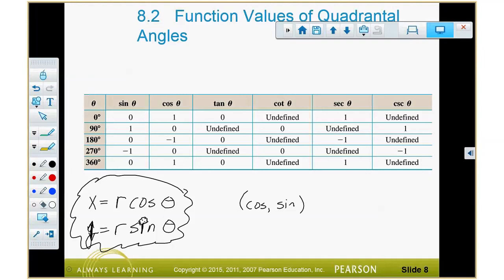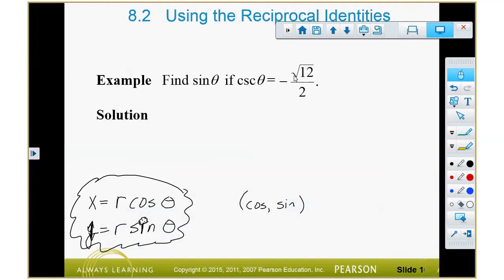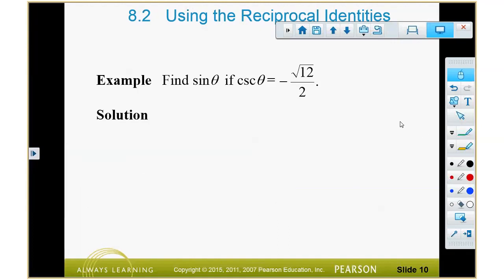Like I said, you're getting a lot of the basics in this section. So if you need to spend a lot of time on a section, it's this section. All right, do this one. Now this is where your critical thinking comes in. We haven't done an example, you need to be able to do it by critical thinking. First, draw a picture. And ask yourself, what is the cosecant?